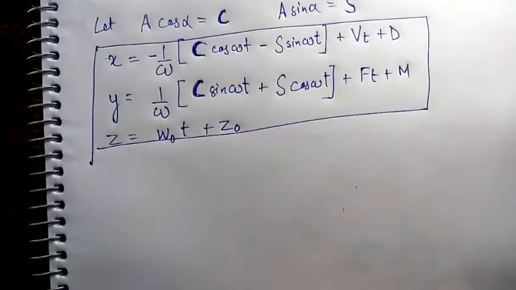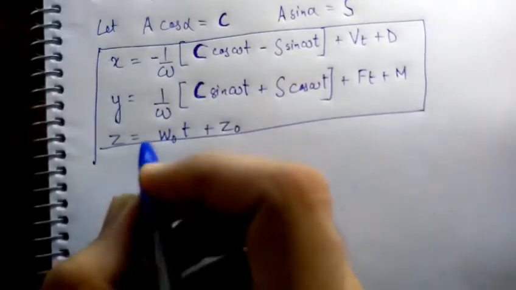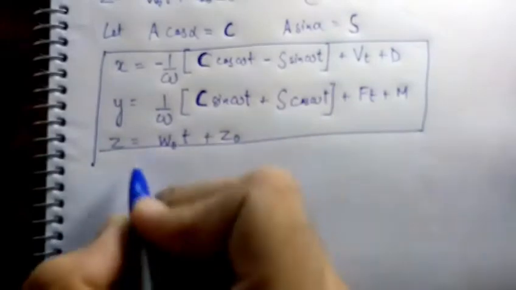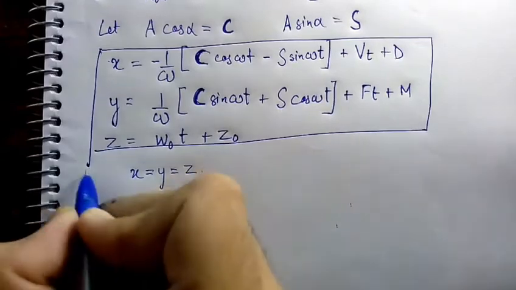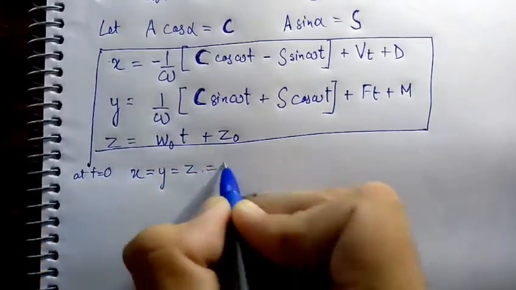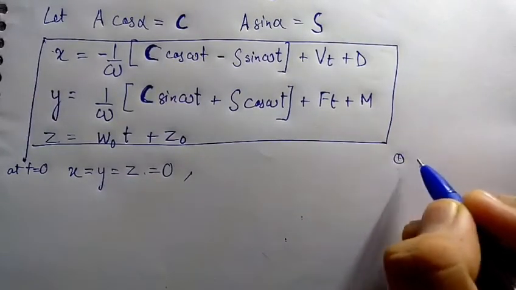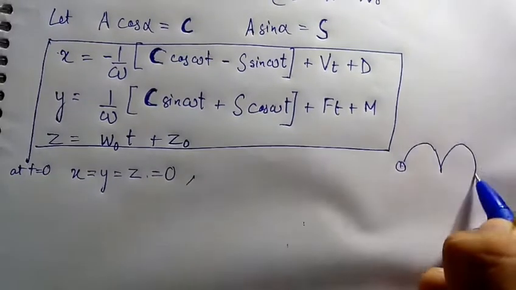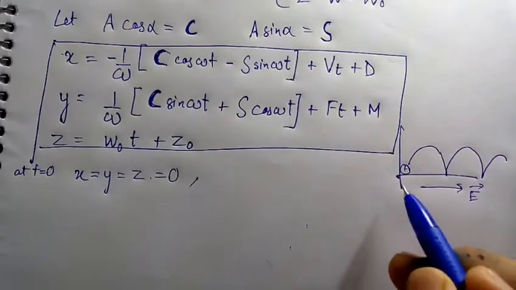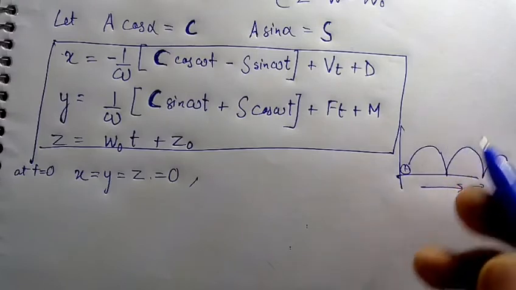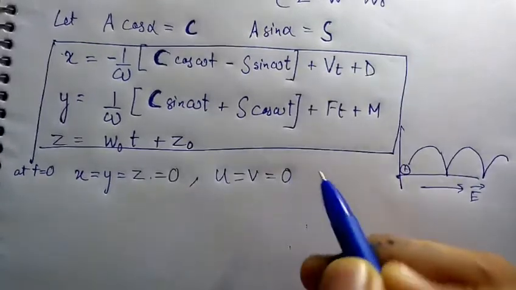But of course, if we assume our particle is at the origin at the point of consideration, so x, y, z equals 0 at time equals 0, what we mean is the particle does not start with some initial velocity. Actually, the electric field is already giving it some directional force in the y direction. So u and v must also be 0.